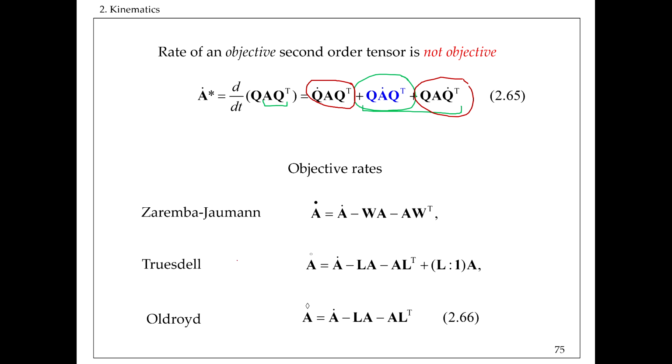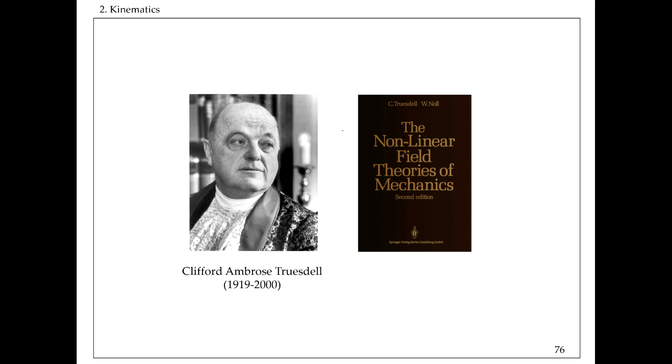We're not going to look into much detail on that. I'm just pointing this out, and for a more detailed discussion and more rigorous definition, we can look into the excellent but rather challenging reading on the topic in the book by Cliff Truesdell.